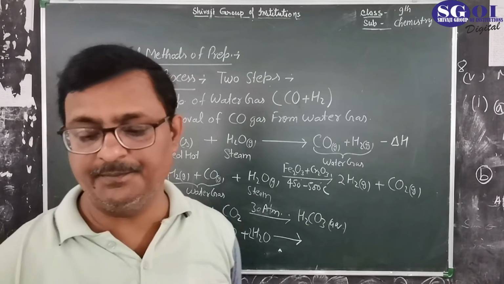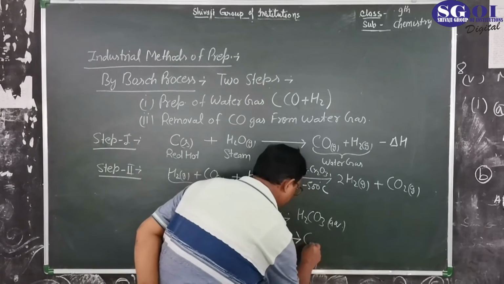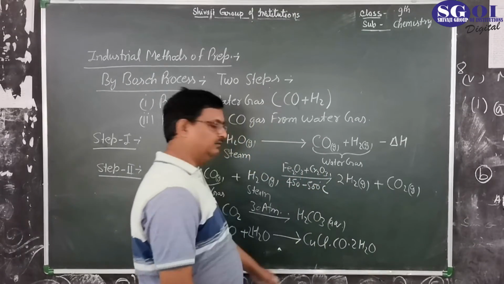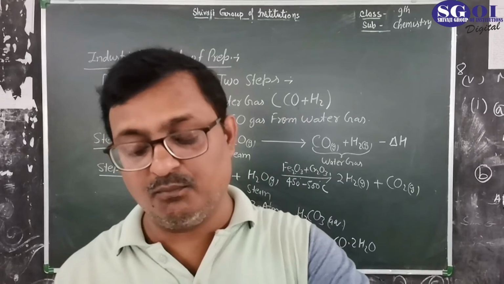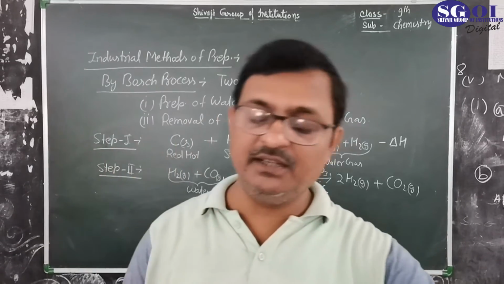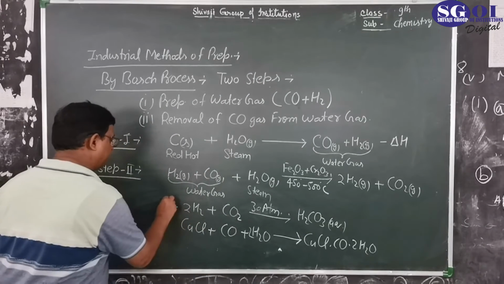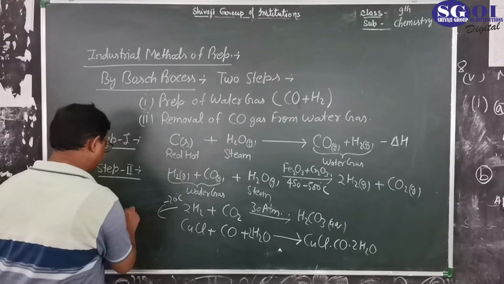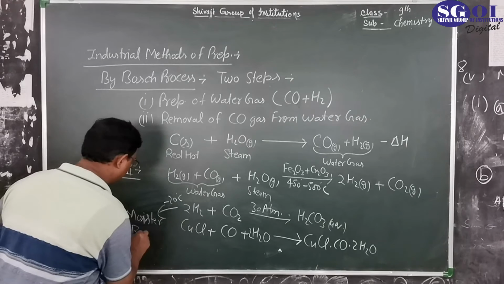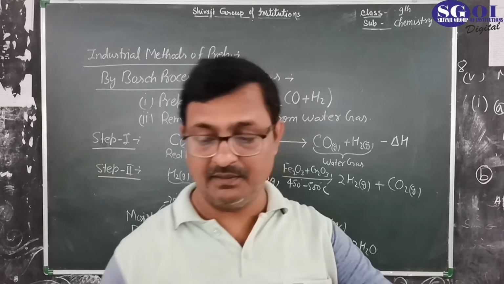This reaction gives the CuCl-CO addition compound, CuCl.CO.2H2O. The moisture is removed by cooling the gas up to minus 20 degrees centigrade.